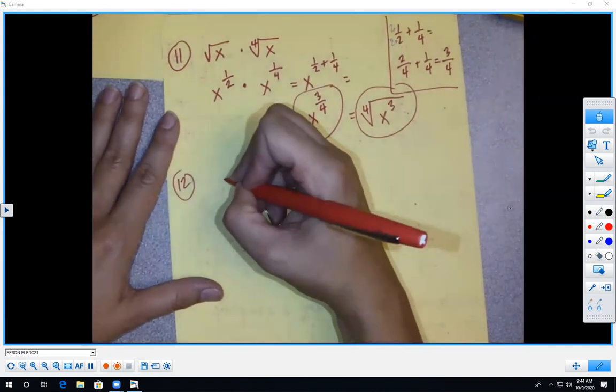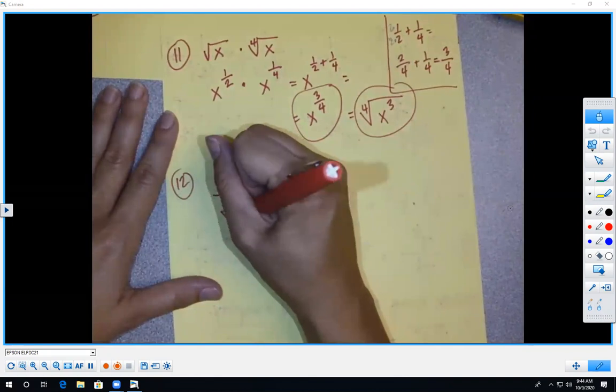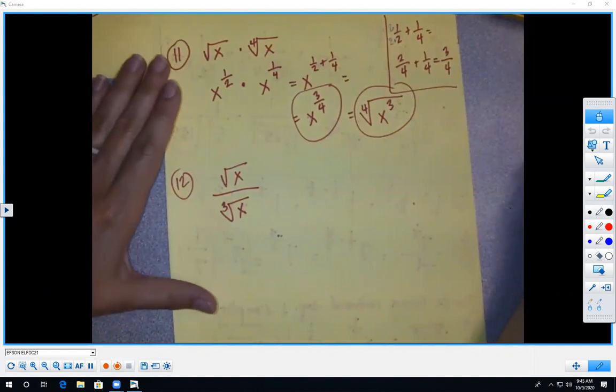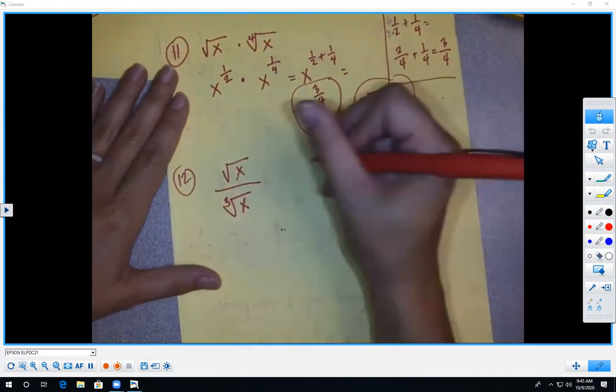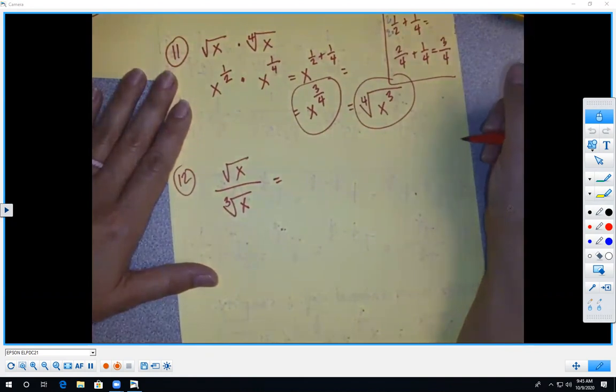What about if I had the square root of x divided by the cube root of x? First thing we're going to do is rewrite it using rational exponents. On top, how do I write the square root of x with an exponent?